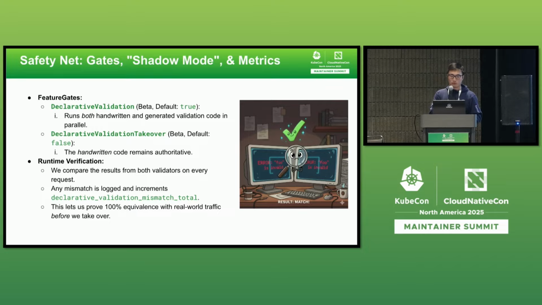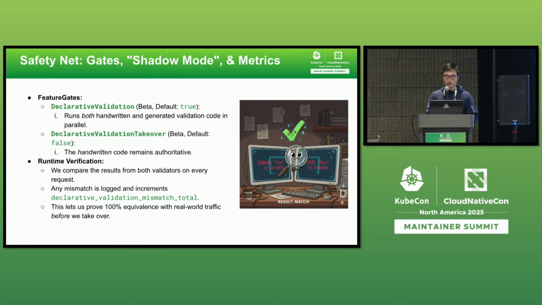So I would talk more about how we can make sure this migration works carefully and safely for the entire repo. So we have two feature gates. The first one is called declarative validation, which means that if it is enabled, then the declarative validation code will kick in during the validation process.